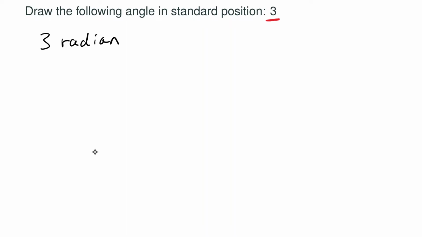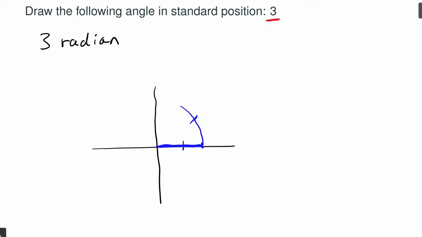So in standard position, an xy coordinate, this is the initial ray, we start from here. We can pick any radius, let's say this length right here is the radius. 3 radian means that the arc length created by the angle is 3 times as large as the radius length. So here's about 1 radian, an arc length the same as this.